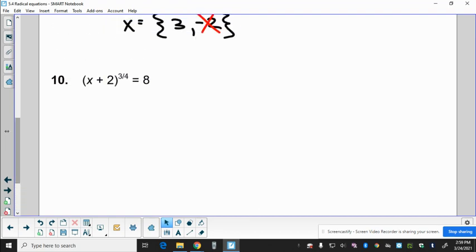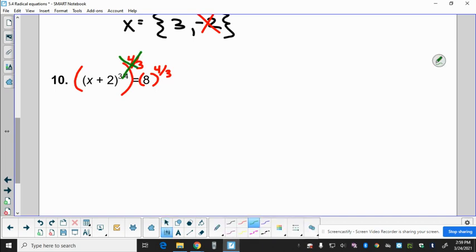What would you do here? Well, I think I multiply to the 4/3 power. And when you multiply these together, of course, they cancel out. X plus 2 equals 8 to the 4/3. So I'm thinking that's like the cube root of 8 to the 4th power. That'd be 2 to the 4th.